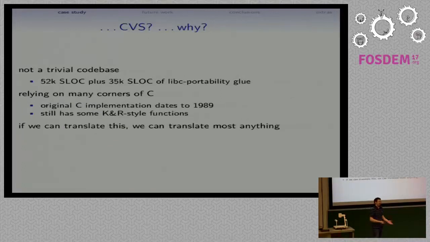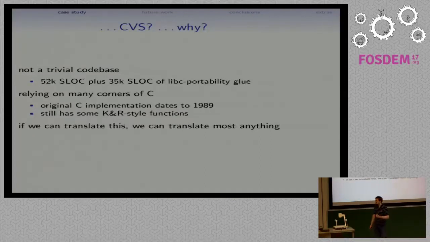It's also not a trivial code base, right? If I build a tool that can translate 50 lines of C, that's not terribly exciting, right? But if I can translate 50,000 lines of C, well, it's not a huge code base, but that's not trivial. It's an interesting exercise. CVS also relies on many corners of C that other projects may have managed to avoid.